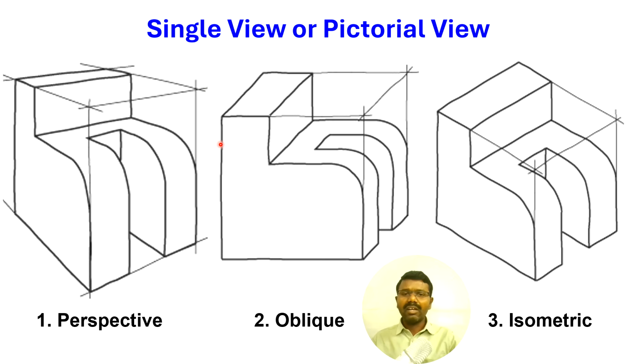So in the perspective view, the object's dimensions depend on the distance between the object and the observer. This is more realistic because when we see with our naked eyes, the dimensions of the object depend on the distance between the object and the observer. The simple example is when a flight is on the ground and you are seeing it from near, its dimensions are bigger.